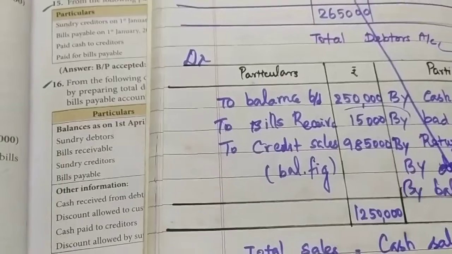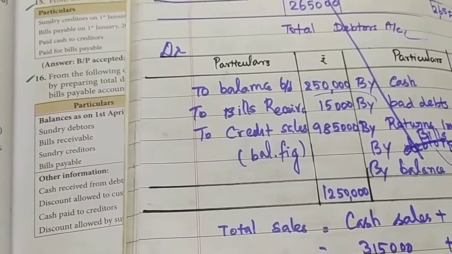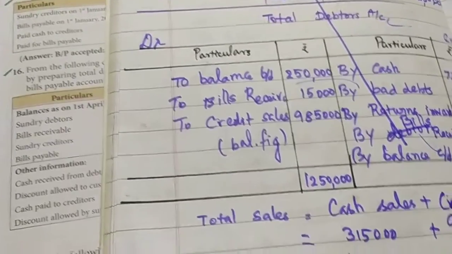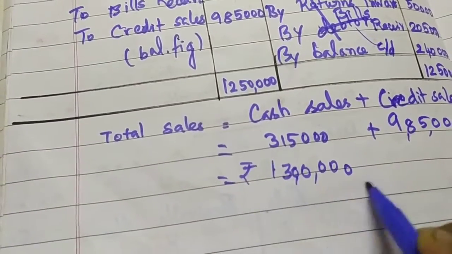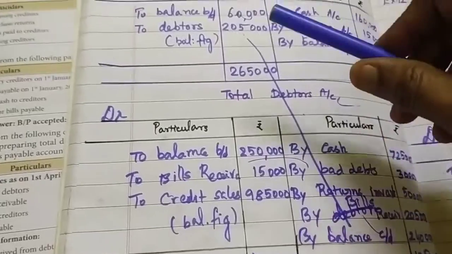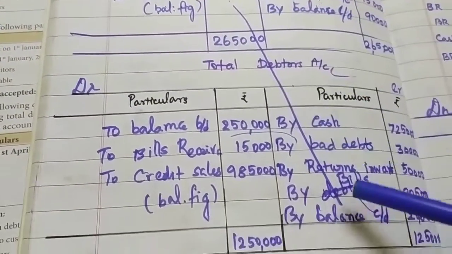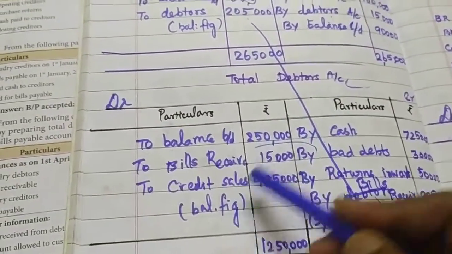This will give you 9 plus 3 lakh, so 12 lakh 85 plus, 13 lakh. If you add both, you will get rupees 13 lakh. And this is the answer. This answer I have transferred here. This amount I have transferred here.